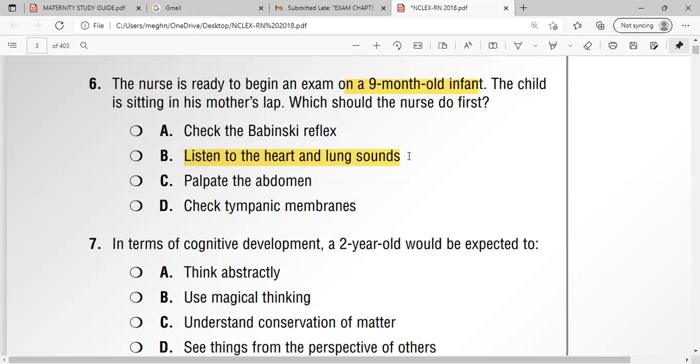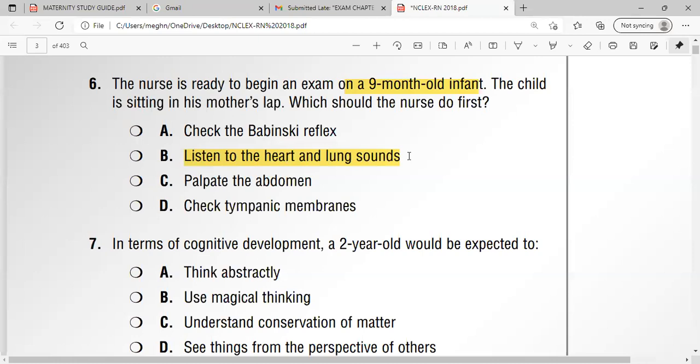So the first action that the nurse should take when beginning to examine the infant is to listen to the heart and lungs. If the nurse elicits the Babinski reflex, palpates the abdomen, or looks in the child's ear first, the child will begin to cry and it will be difficult to obtain any objective findings while listening to the heart and lungs.